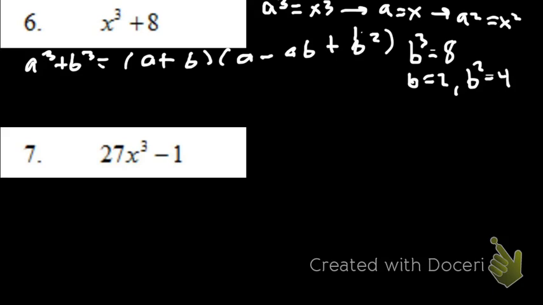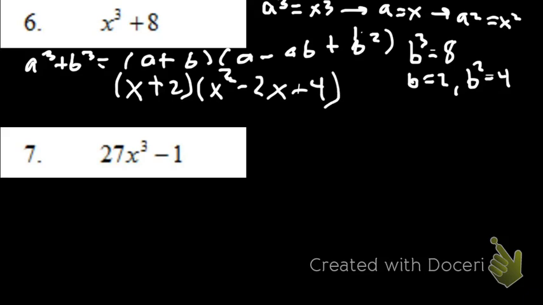So now we're just going to plug right in. We plug in x for a, 2 for b, so we get x plus 2 times x squared minus 2x plus b squared, which is 4.